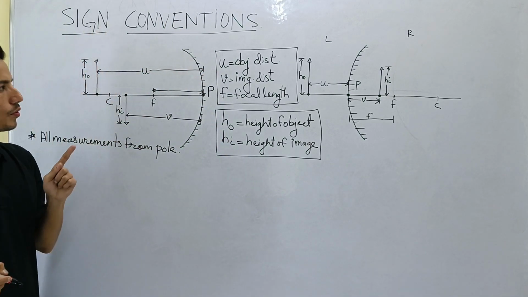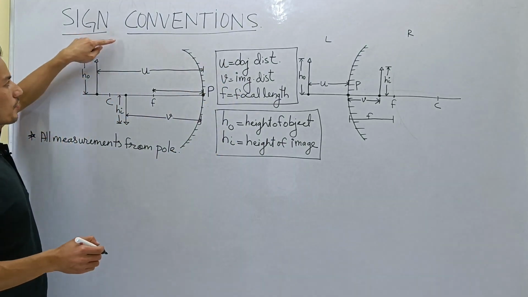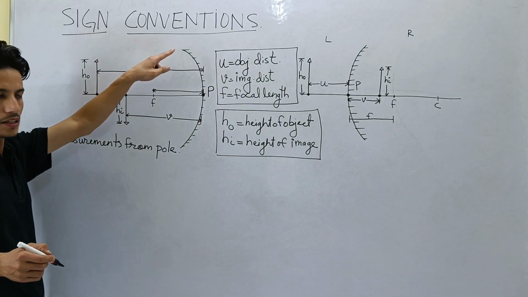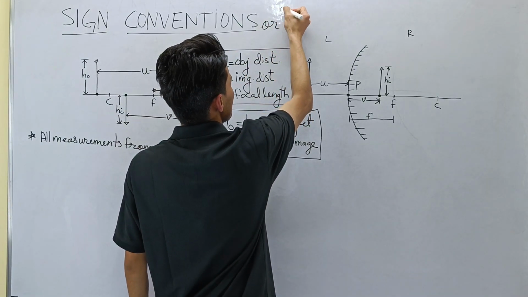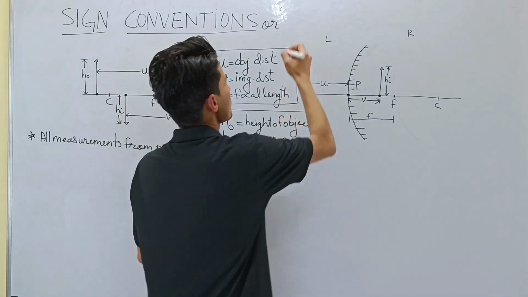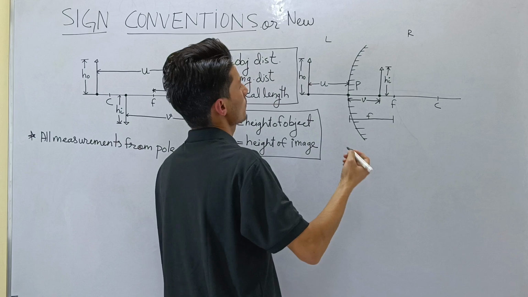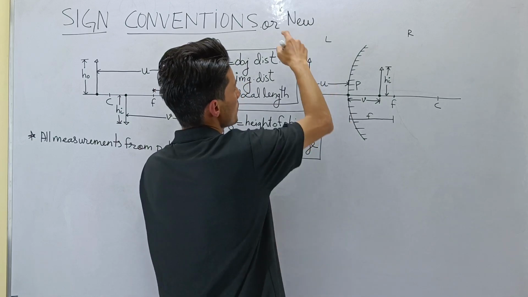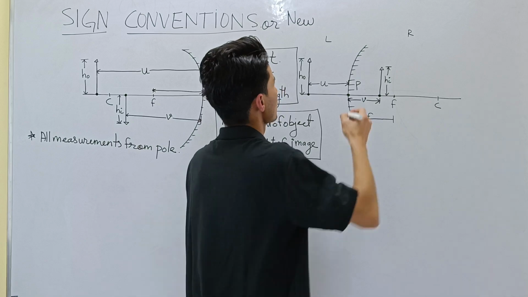Now one thing before I forget, let me say it out. The topic I have written here is sign convention, but sometimes this is also discussed as new Cartesian sign convention. So in some books or with some teachers, it may be written as new Cartesian sign convention.